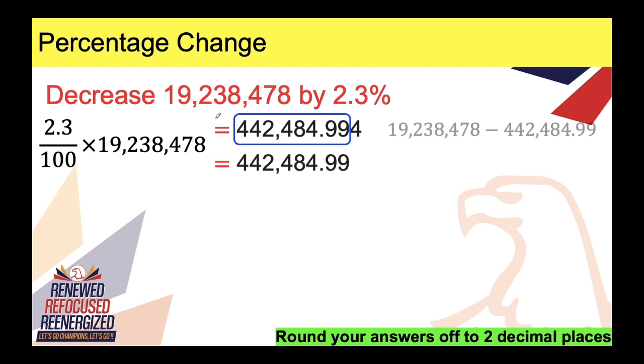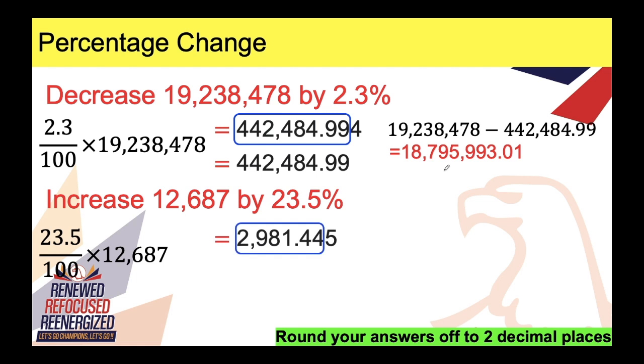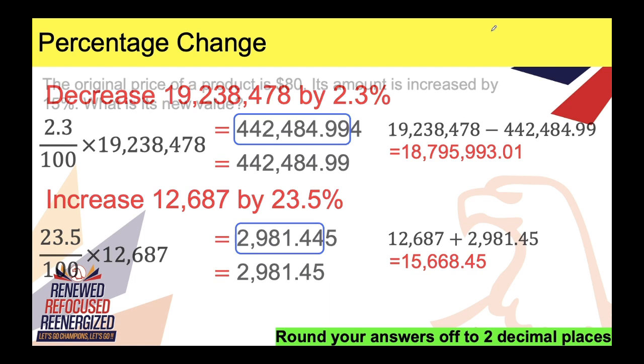Now, since it's a decrease, we have to subtract, and this is now the new value, the new amount. All right. How about this one? Okay. Two decimal places, you'll get this. And since it's an increase, the operation should be plus. All right. And that's how we do percentage change.